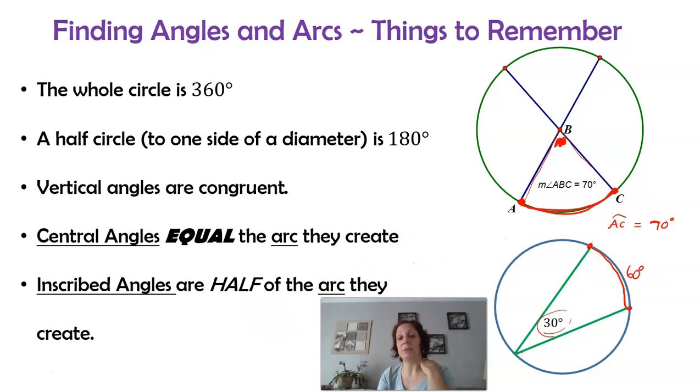So you can think of it as the arc is twice as big as the angle, or the angle is half of the arc. The way I remember it is this. If this 30-degree angle was at the center, it would make a much smaller arc. It's because you took this vertex and pulled it back that the 30-degree angle makes a bigger arc.